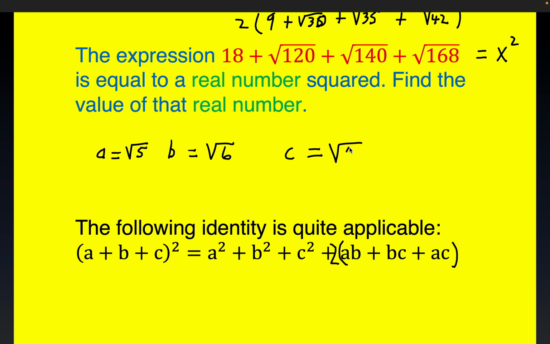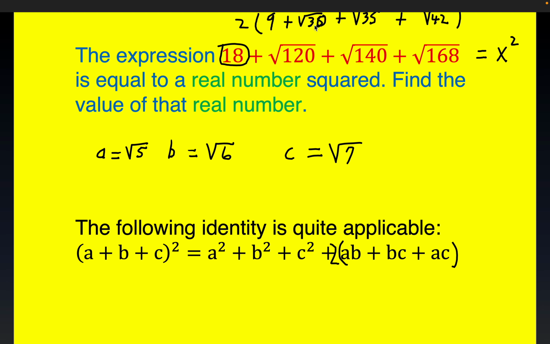Now the nice part about that is that when you square each of these, you get the 18 that you see right here, which is very good news, and the rest of it just falls into place.